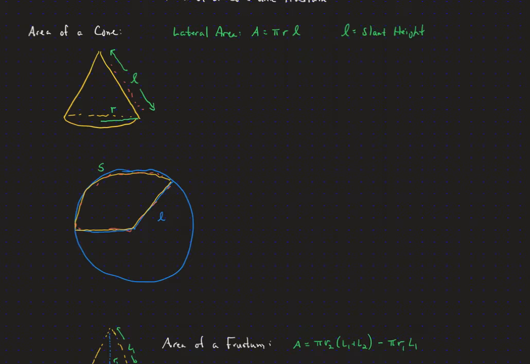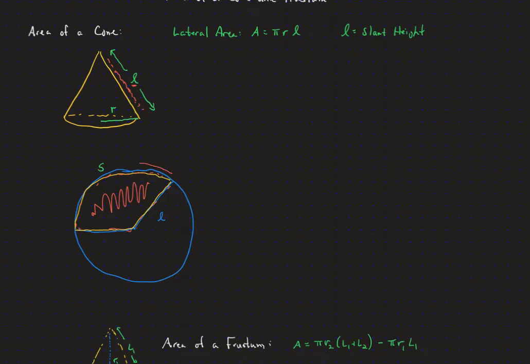So it's part of a bigger circle. When you slice this along here, the slant height becomes the radius of a bigger circle. So this area in here is the area that we're after. That's our lateral area, and that's going to be a fraction of the whole circle.